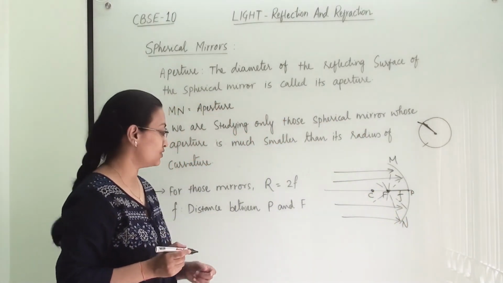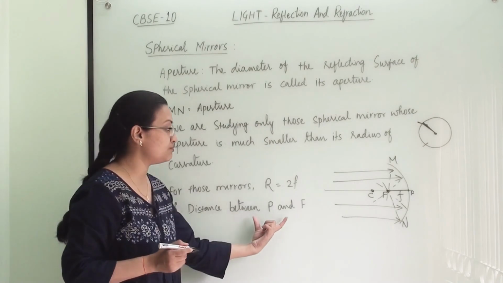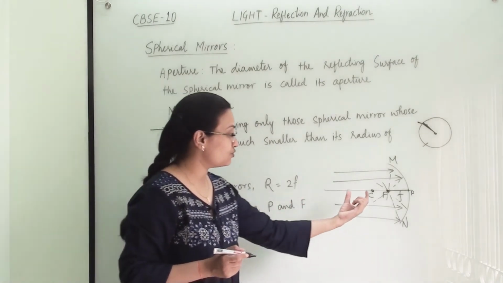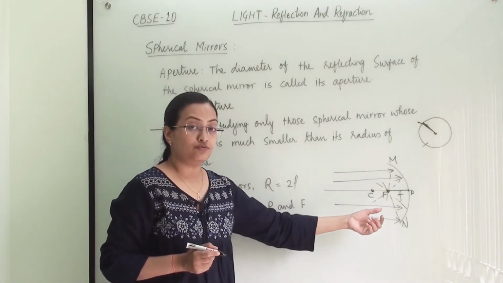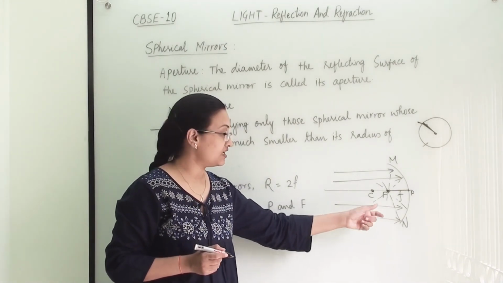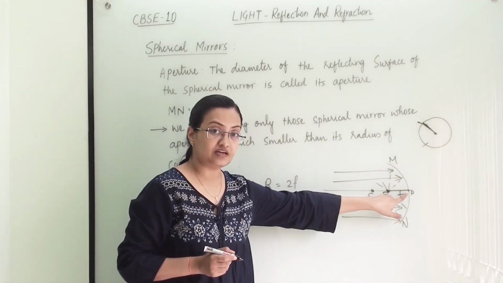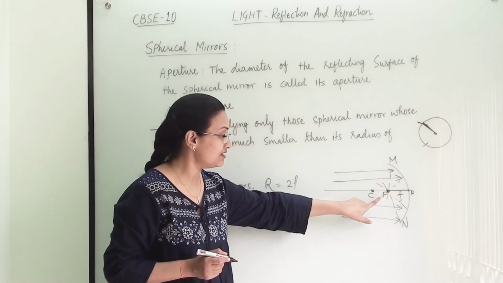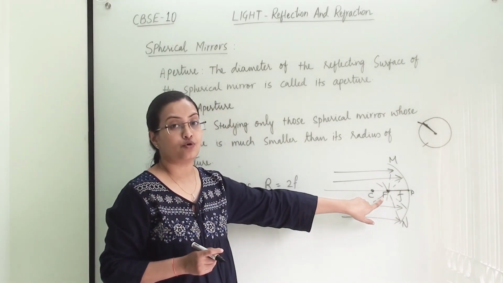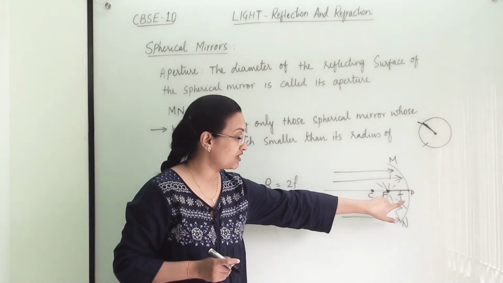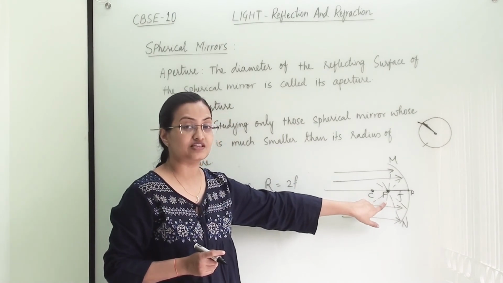The distance between P and F is the focal length. So the focal length is the distance between the pole P, the midpoint of the spherical mirror, and the principal focus of the concave mirror.